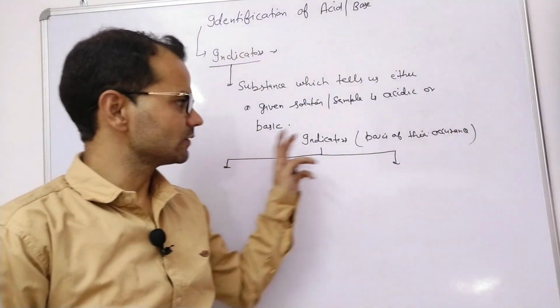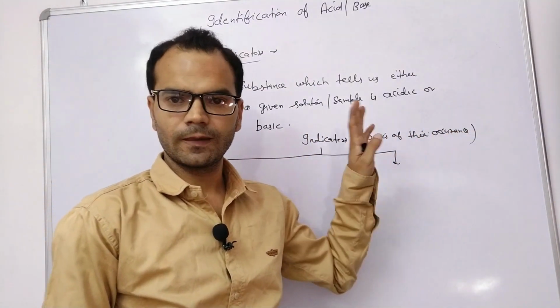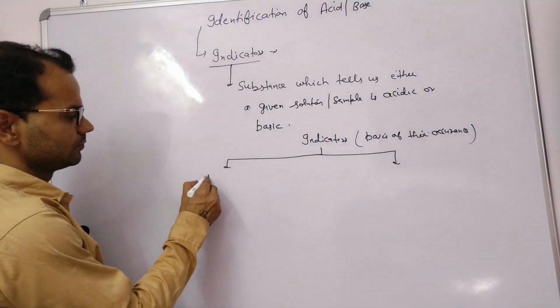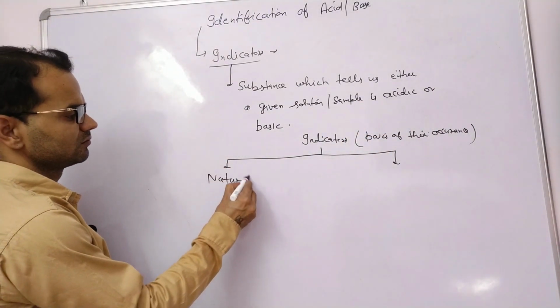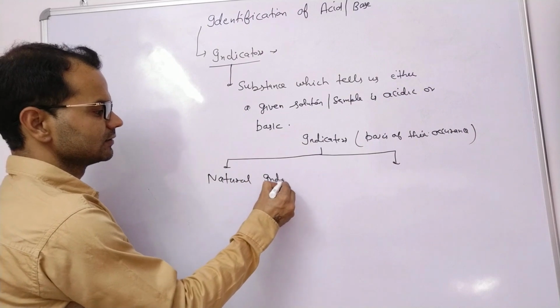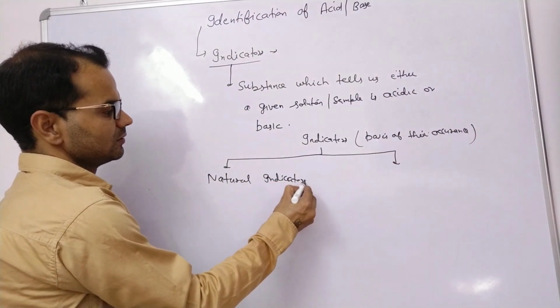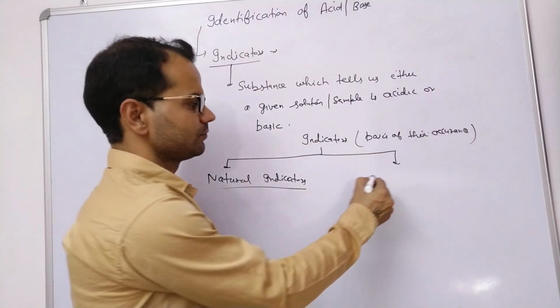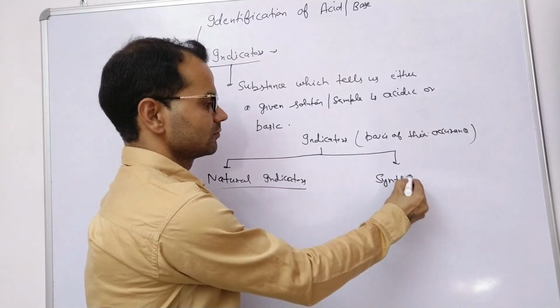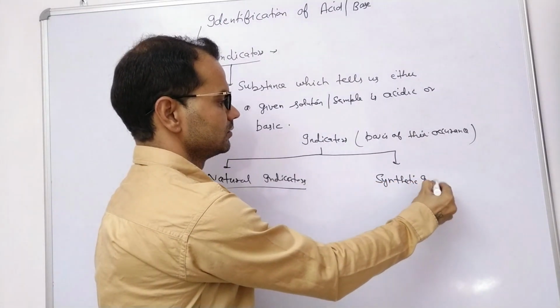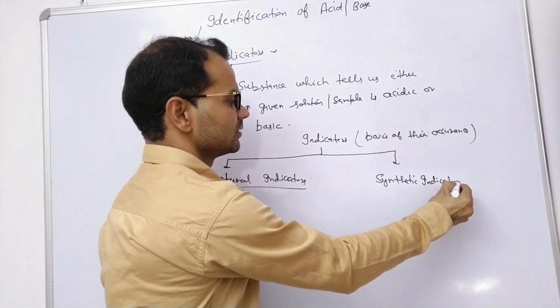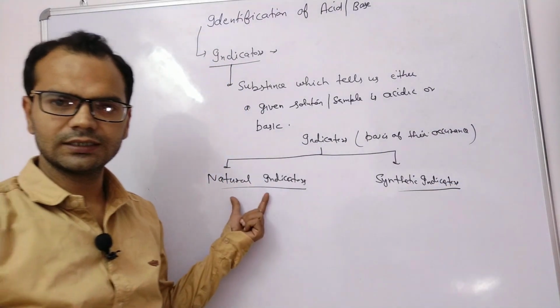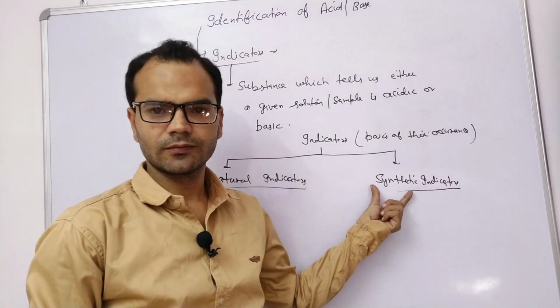Indicators are of two types on the basis of their occurrence: first, natural indicators, and second, synthetic indicators.